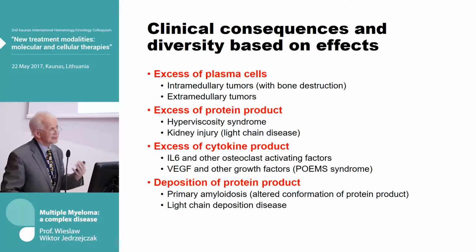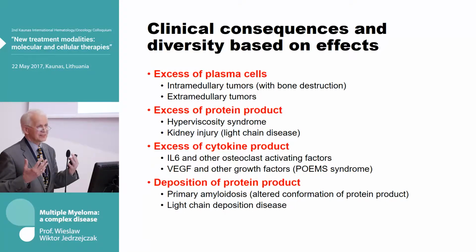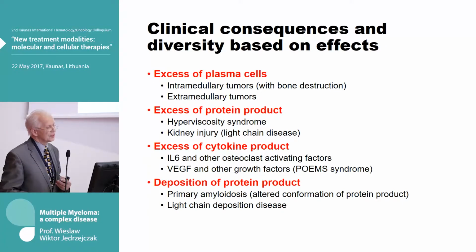Multiple myeloma is an example of a neoplastic disease, and like all neoplastic diseases it has consequences that are secondary to the excess of neoplastic cells. They could be either intramedullary tumors, frequently associated with bone destruction, or more rarely extramedullary tumors. But it's unique in that a lot of pathology is created not by the presence of cells, which are sometimes even difficult to find, but by the products of the cells.